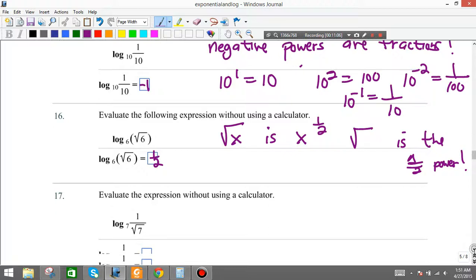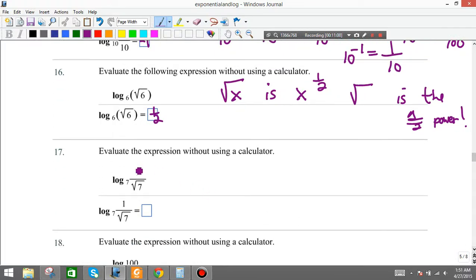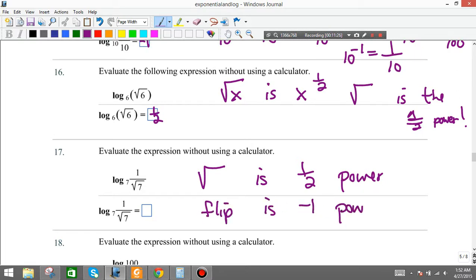Now, combining the two things that we just said, if I know that to get a square root, I need to raise 7 to the 1/2 power, right? So the square root is the 1/2 power. And when you flip, that is the negative 1 power, then putting these together is the negative 1/2 power to get 1 over the square root of 7.